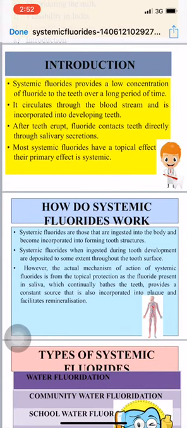Systemic fluoride provides a low concentration of fluoride to the teeth over a long period of time. It is circulated through the bloodstream and it is incorporated into developing teeth. إذن هو راح يكون ينتقل السيستميك فلورايد عكس باقي الأنواع التوبيكال فلورايد and others by bloodstream and then incorporated into developing teeth.